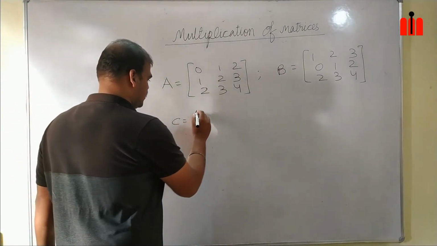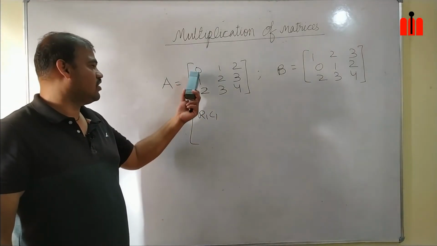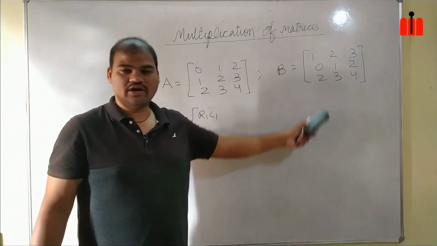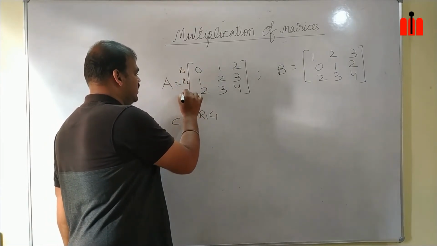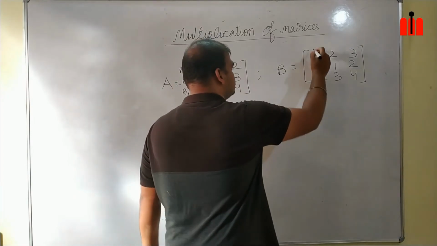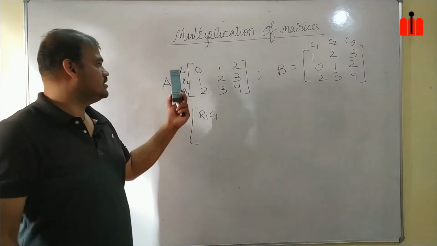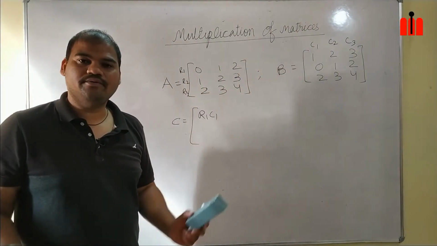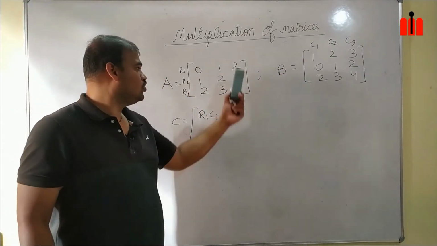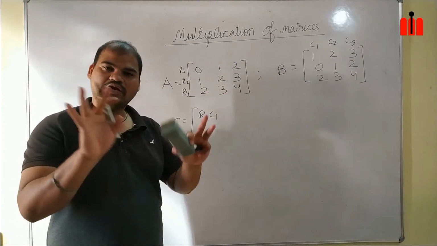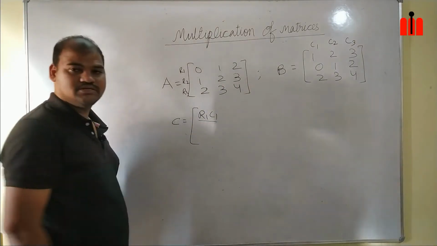So, you have to write R1 C1, R1 of A and C1 of B. This will be the R1 of A, R2 of A, R3 of A. This will be C1, C2 and C3 of B. This R1 and this C1 you have to multiply. So it will be 0 into 1, 0, 1 into 0, 0, 2 into 2, 4. So 3 multiplications you had done, add these 3. So you will come up with R1 C1 as 4.